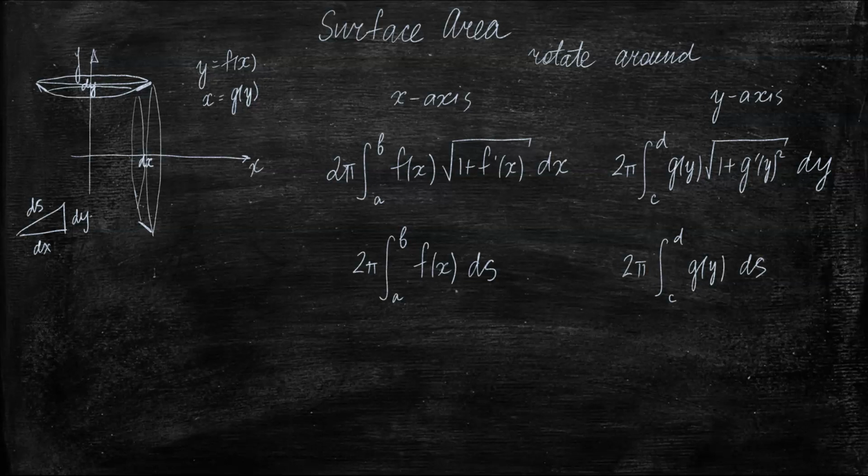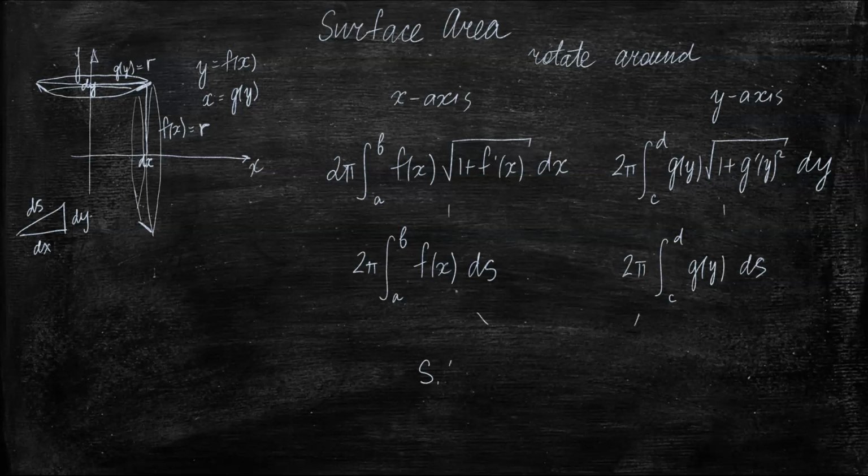Now, what is common between f of x and g of y in these two formulas? Well, f of x is the radius of rotation around the x-axis, and g of y is actually the radius of rotation around the y-axis. So we have this one universal formula that combines everything that we know.